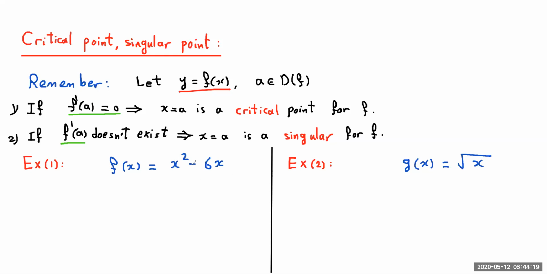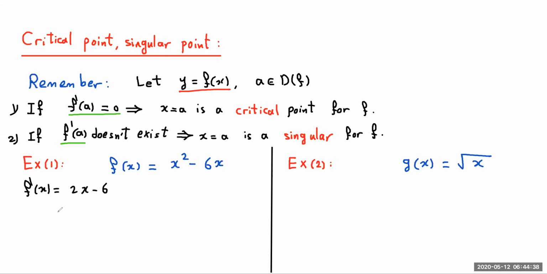Let's take these two exercises. The first one, f(x) equal x power 2 minus 6x. Let's calculate the derivative of the function f. It's 2x minus 6. So this exists for any real number x.